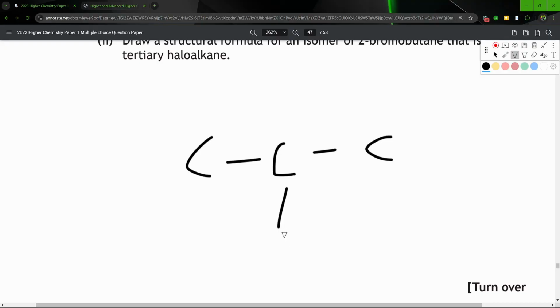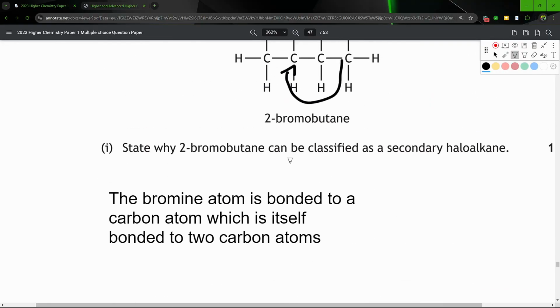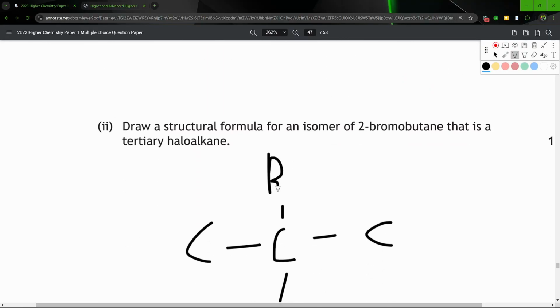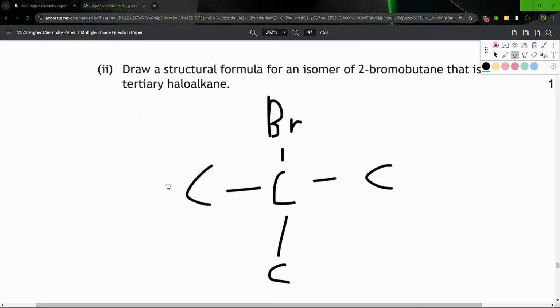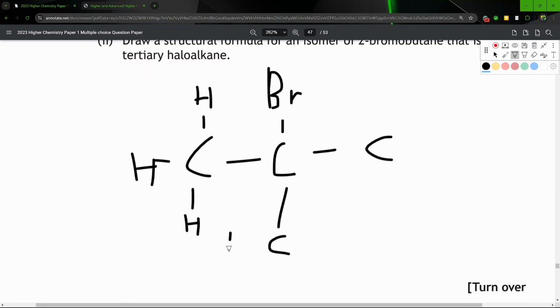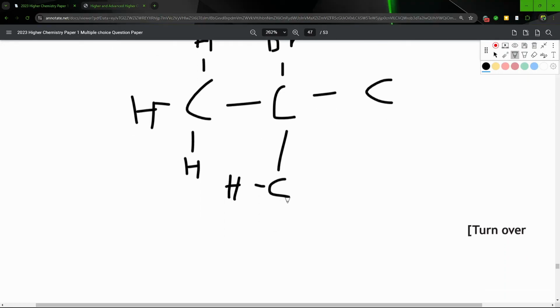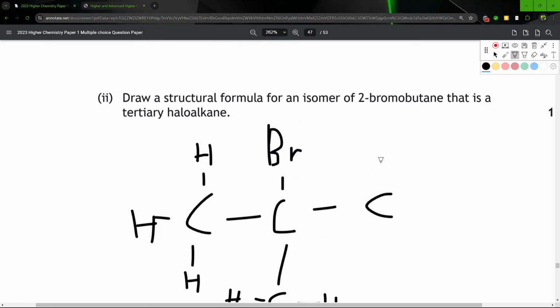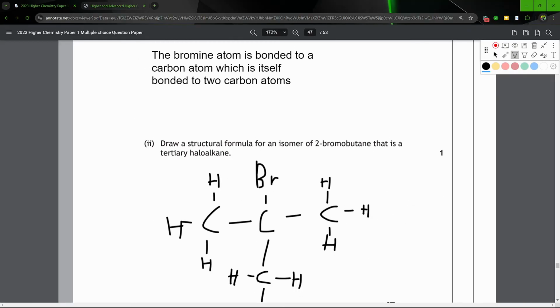It's probably going to look something along the lines of this, and then it's bromo, so we'll do a Br, and all we need to do now is populate the bonds with hydrogen. Spectacular, and that should actually be all you need to do for that one.